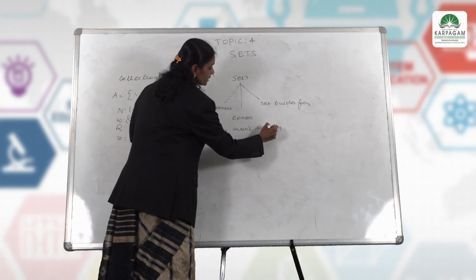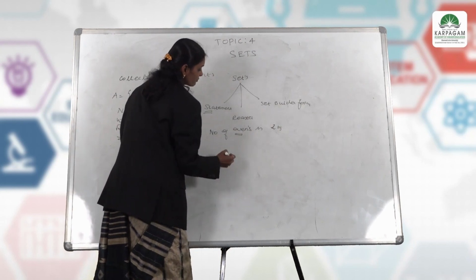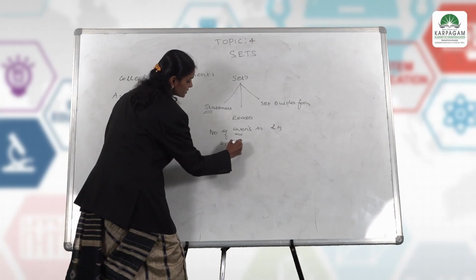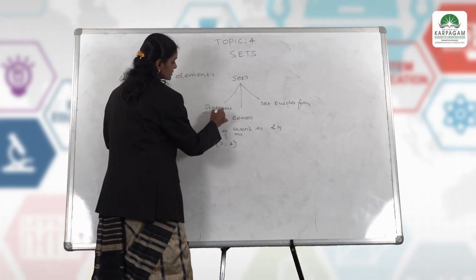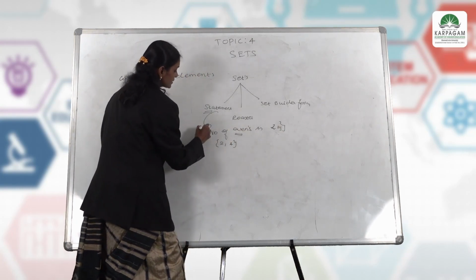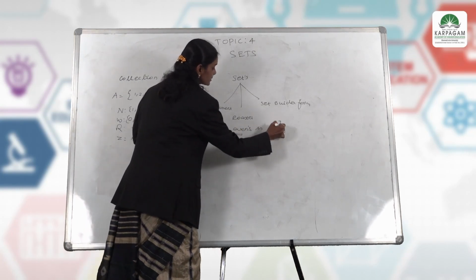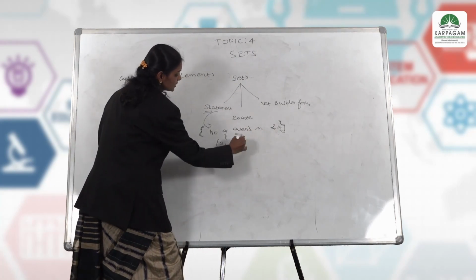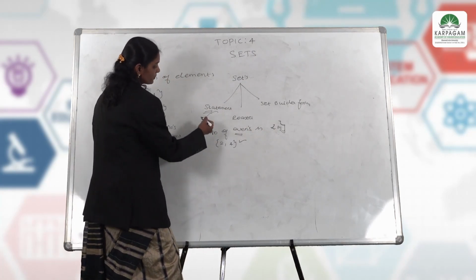The number should be even and less than 5. So the even numbers below 5 are 2 and 4. This is the set. This is called the statement form, where it is given directly.